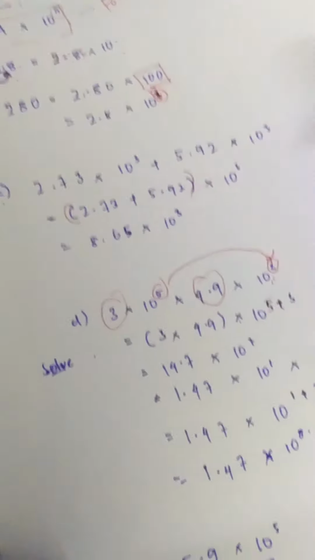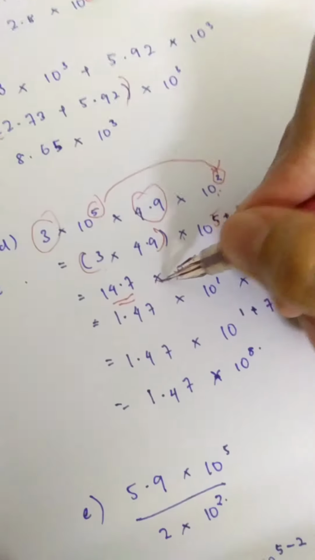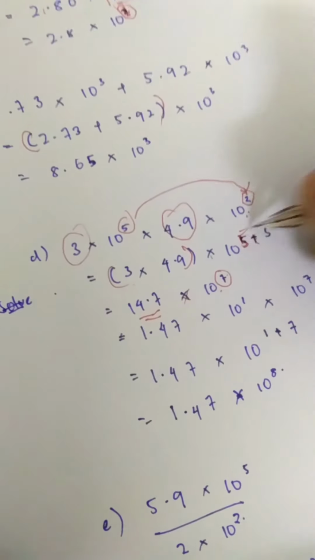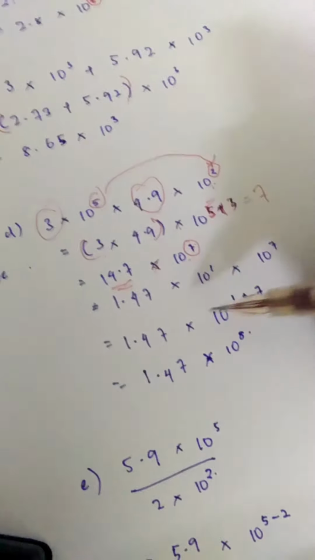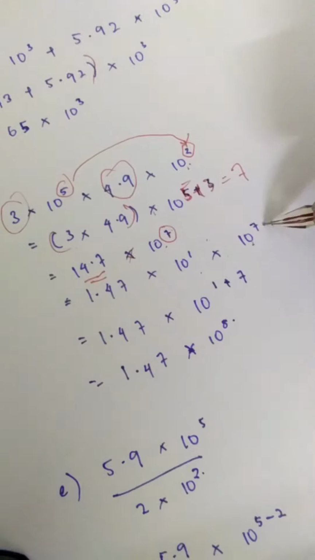Okay, macam ini. Okay, ini didarab macam biasa kurungan, jadi ini. Okay, darab 10 kuasa 7. 7 ini dapat dari mana? Ini 5 tambah 3 sama dengan 7. Okay, kurungan 1.47 darab 10 kuasa 1 darab 10 kuasa 7.